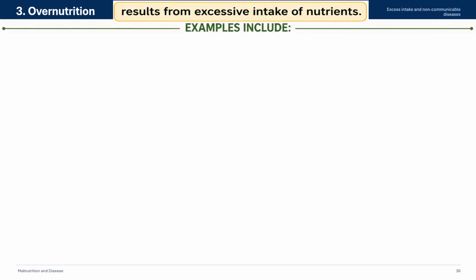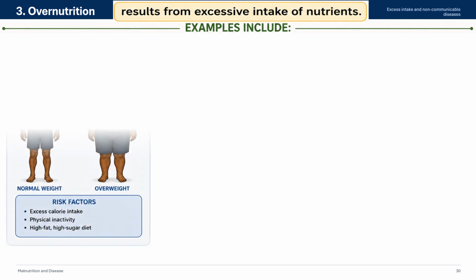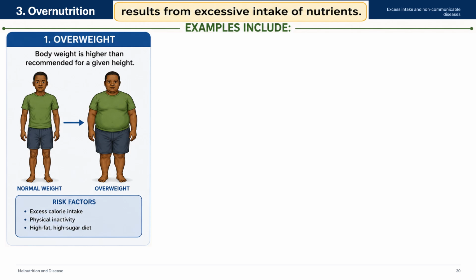Now, moving to the last category of malnutrition, which is called overnutrition, that generally results from excessive intake of nutrients. Common examples of its presentation include overweight.